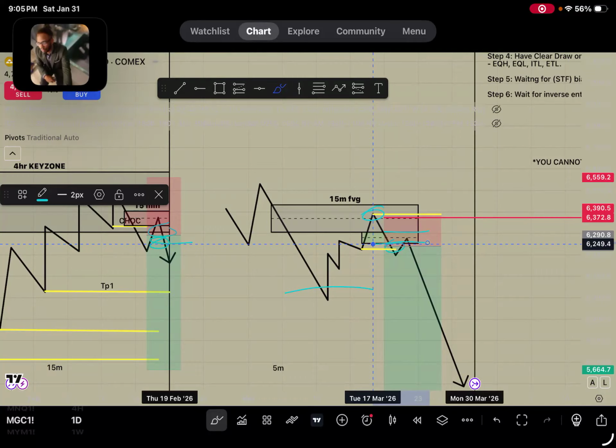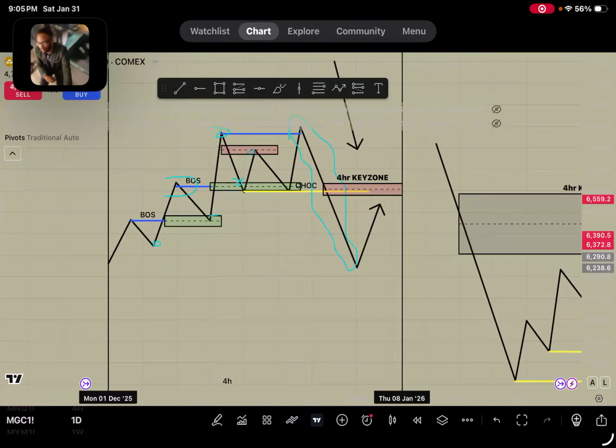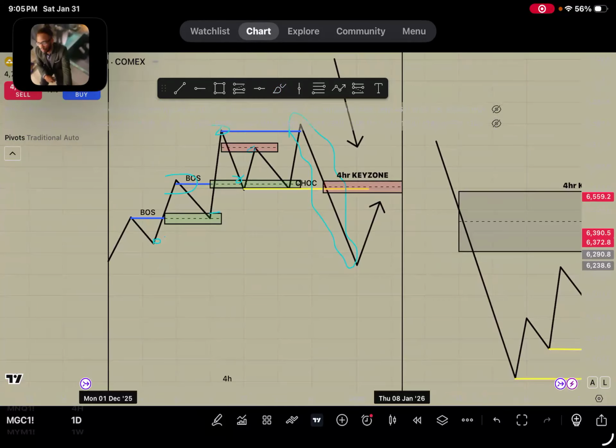Because this now aligns with the 4-hour time frame for the sells. We can expect the 4-hour time frame to go here and sell down to this low. Our whole alignment says I'm expecting this 4-hour fair value gap to make a lower low.